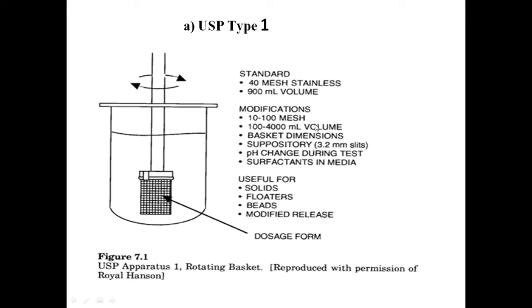Modifications: 10 to 100 mesh, 100 to 4000 ml volume, basket dimension, suppository 3.2 mm, slides, pH change during test, surfactant in media. Useful for solids, floaters, beads, modified release dosage forms. This is USP type 1 apparatus.